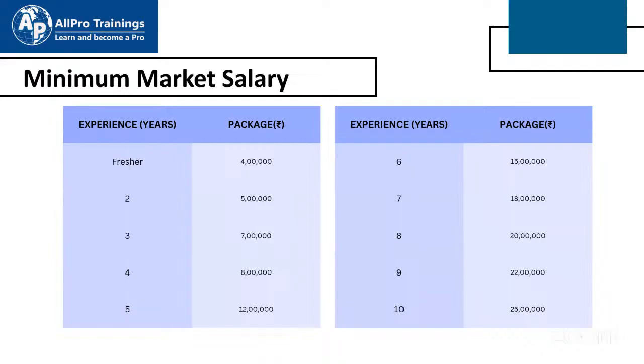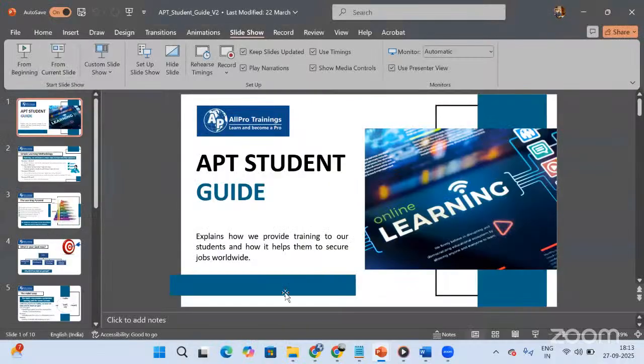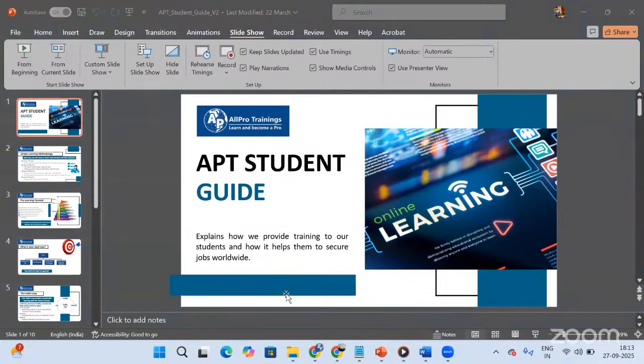Apart from this, right now we are only able to see a 10 to 20% increase from the current CTC. The market is as such, and Agentic AI is going really well in the market. We have a trainer with us who has been taking trainings for us for quite some time, and he has 3+ years of experience in building agentic AI systems and intelligent applications.